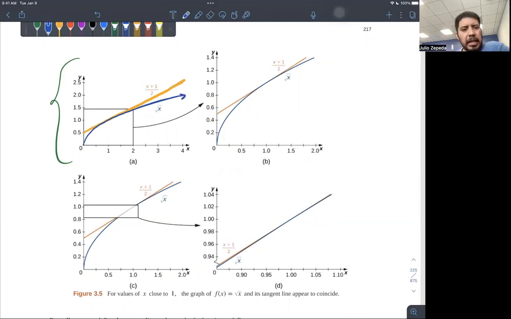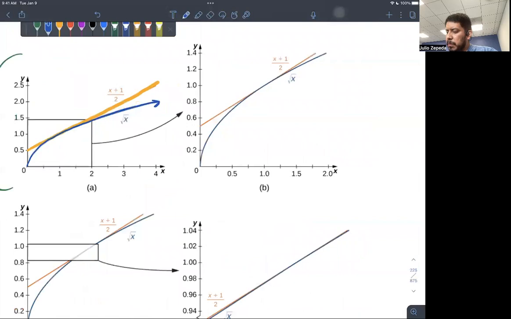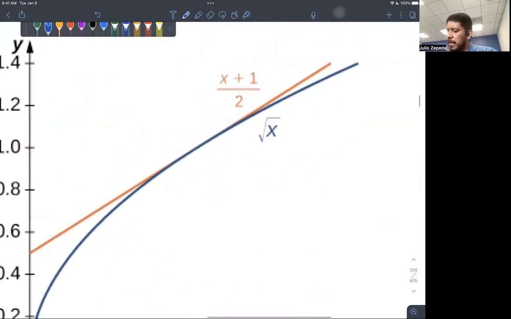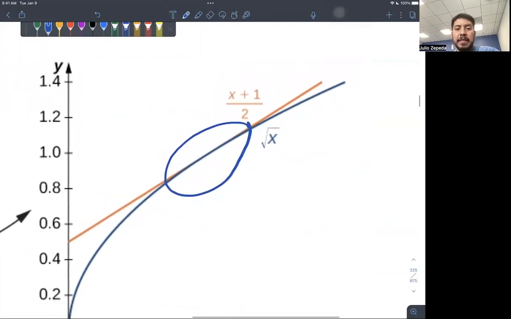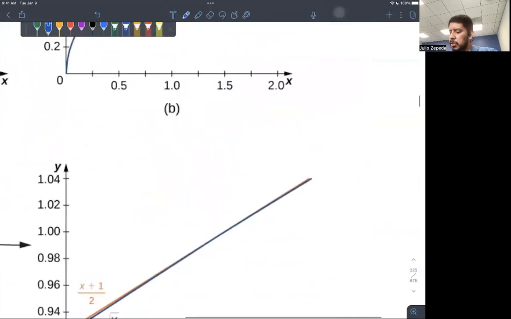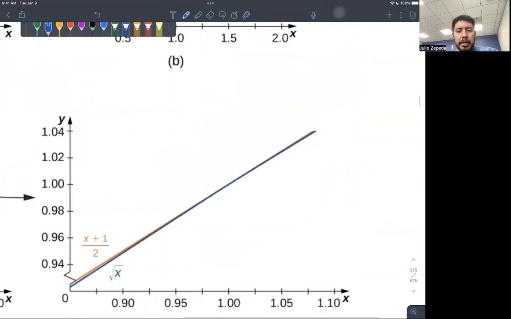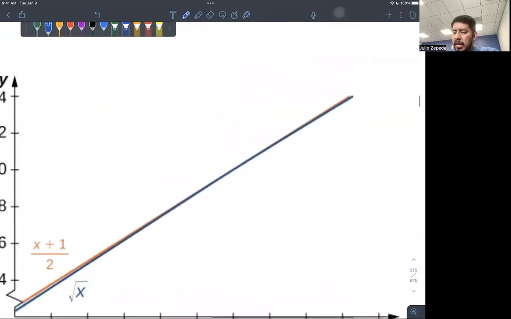But if you look inside that rectangle and you zoom in close enough, you can't really tell much of a difference between the tangent line and the curve in this little circle that I've drawn here. So if you zoom in really close to that little portion, you can see that the tangent line very well approximates the curve.